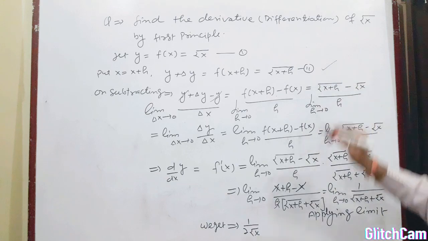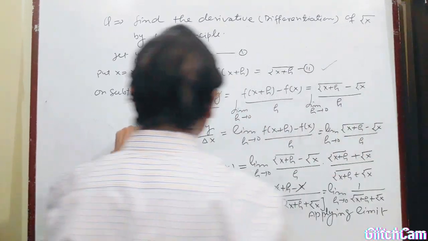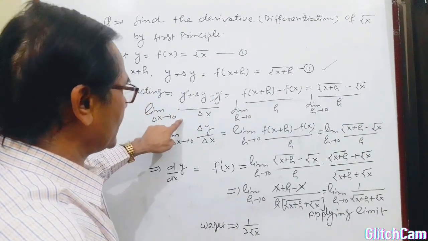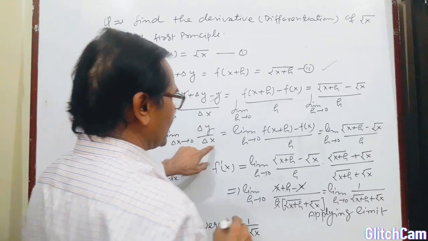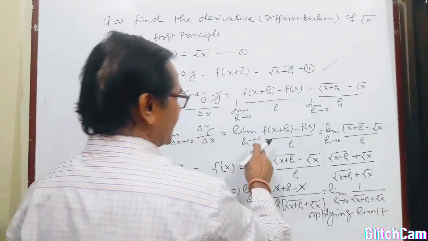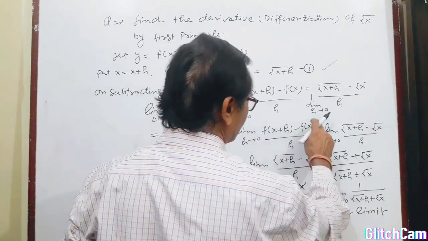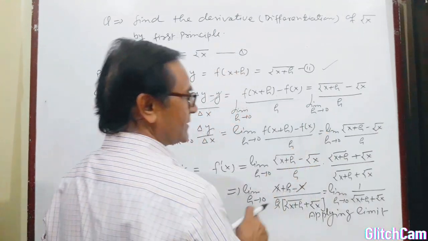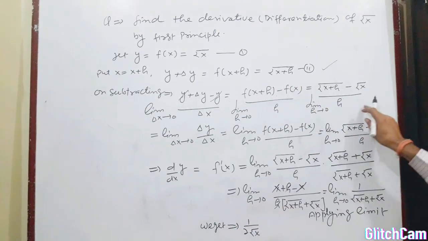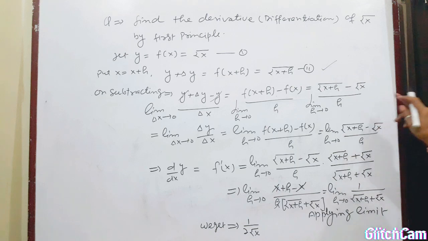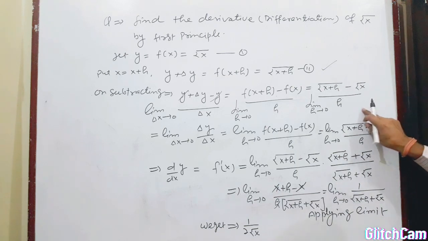We subtract and we get limit delta x tending to 0, delta y upon delta x equals limit h tending to 0 of f(x plus h) minus f(x) upon h equals limit h tending to 0 of root of x plus h minus root x upon h.